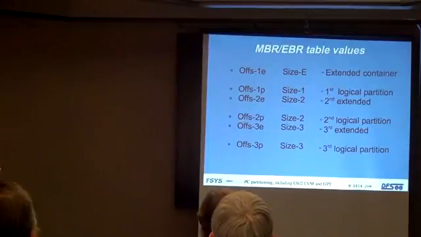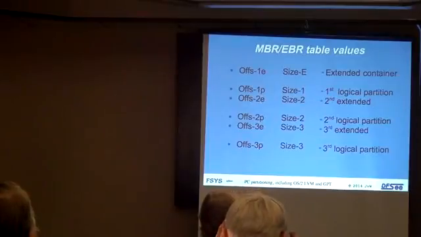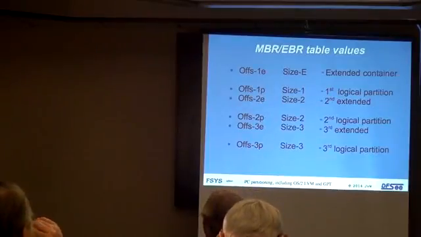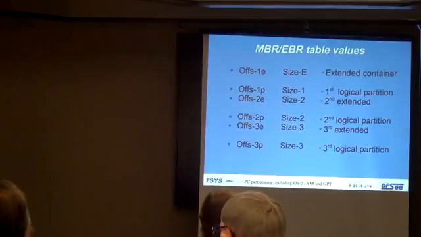And the second entry, that's what we call the pointer, the offset to the next logical. Only on the last one, you'll see that there will only be an entry for the partition itself, because there's no link to yet another logical. So the last partition table will only have a single entry, while all the others will have 2: one for the partition itself and one for the link to the next one.